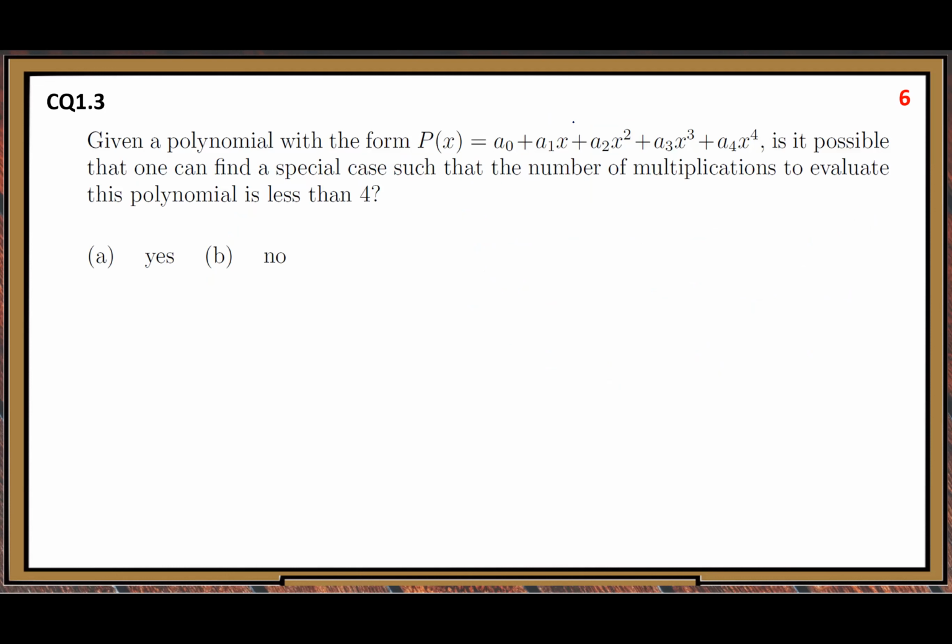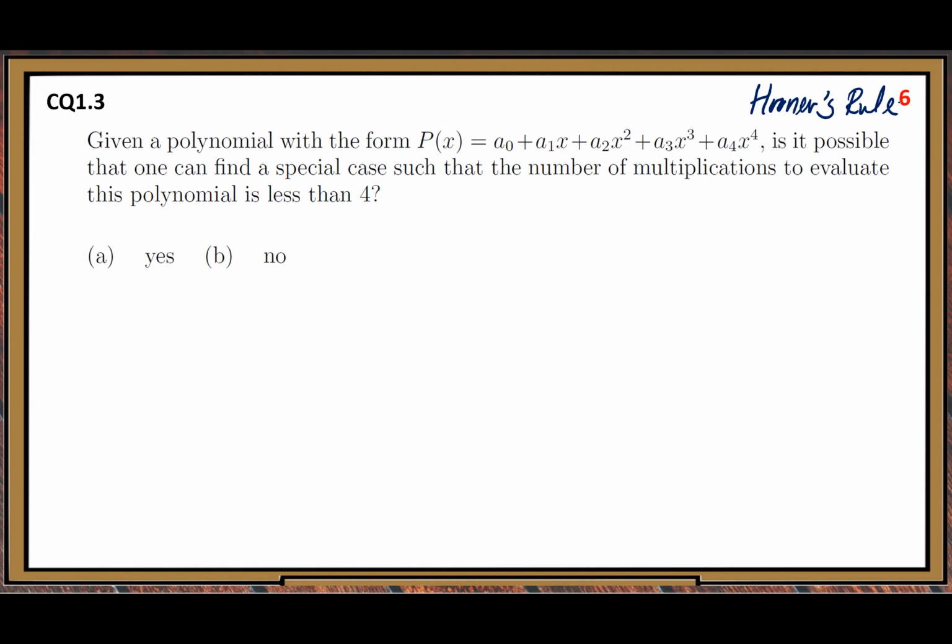Number 3, given a polynomial. This is a Horner's rule question. Given a polynomial in the general form, is it possible that one can find a special case?